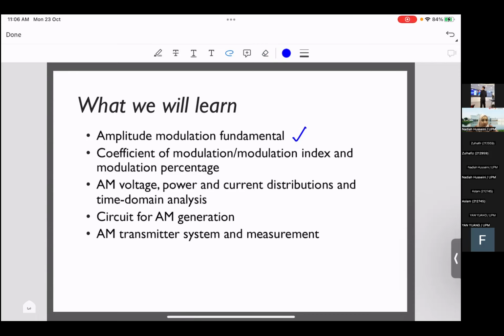That is standard amplitude modulation, or standard AM. And then we also talked about coefficient of modulation, modulation index, and also modulation percentage. We discovered that if the modulation index M is greater than 1, then you would have overmodulation, which will cause distortion in your signal.